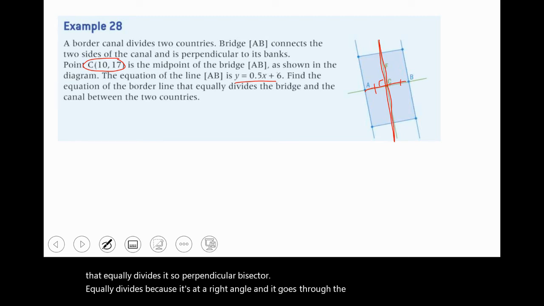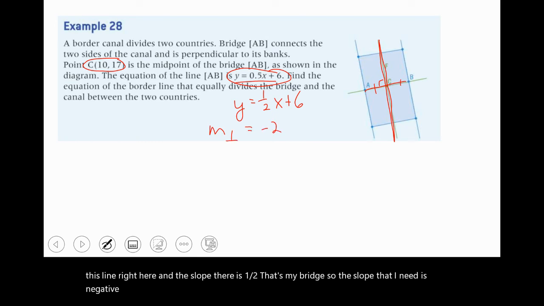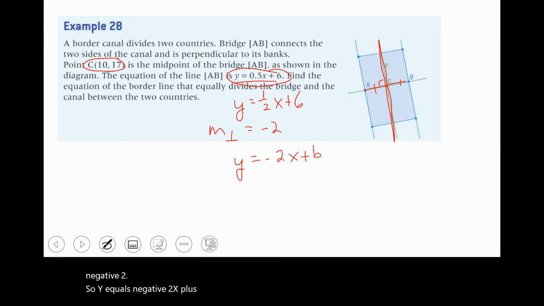So I'm looking at this line right here, and the slope there is 1/2. That's my bridge. So the slope that I need is -2. So y equals -2x plus b. And we're finding the equation of the line through that point.